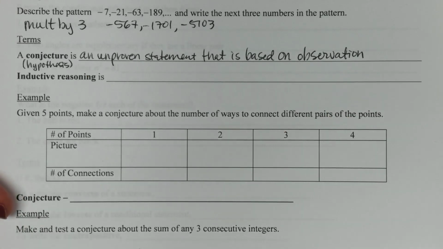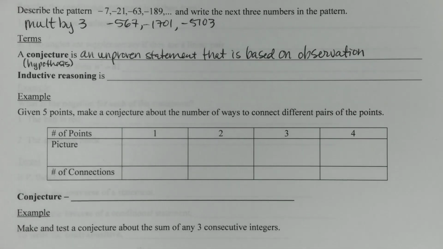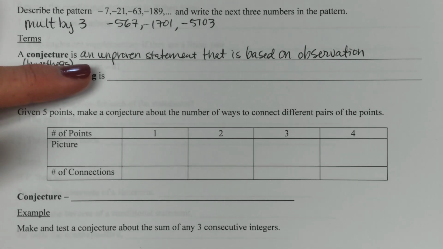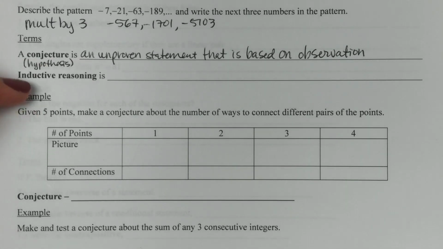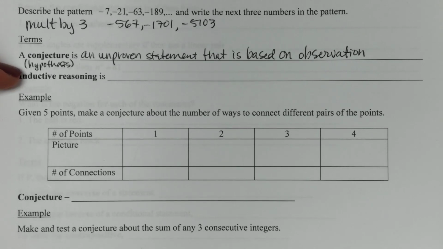I think if I add salt to this drink, it will taste worse or better, depending on your preference, I guess. That is unproven until you give it a try. So your hypothesis is kind of like your guess. Like, I think it might do this if I think my teacher might get annoyed if I talk during class. So those are just hypotheses, they're guesses, and then you usually run an experiment after that to prove it.